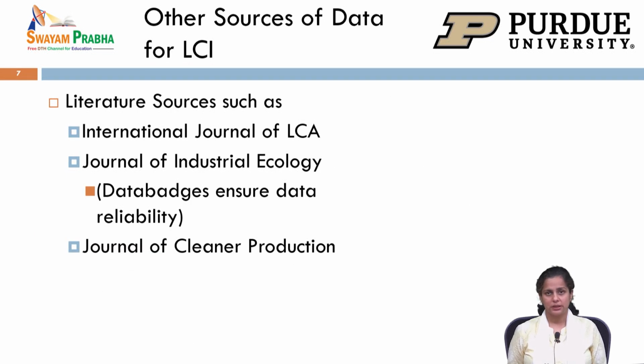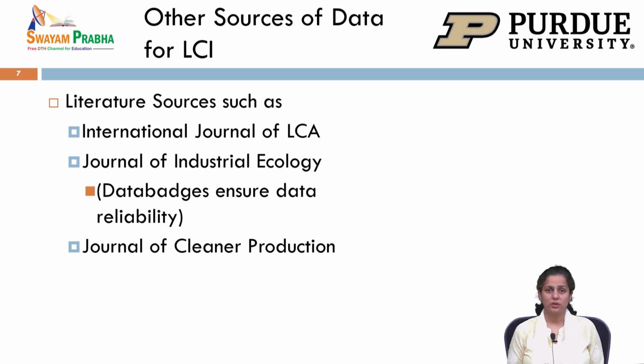Other sources of data are literature sources. So, if you are in an educational institute that has access to published literature, then the International Journal of LCA, Journal of Industrial Ecology and Journal of Cleaner Production regularly publish LCA studies that demonstrate their data as well. Journal of Industrial Ecology is moving towards data badges to ensure data reliability.